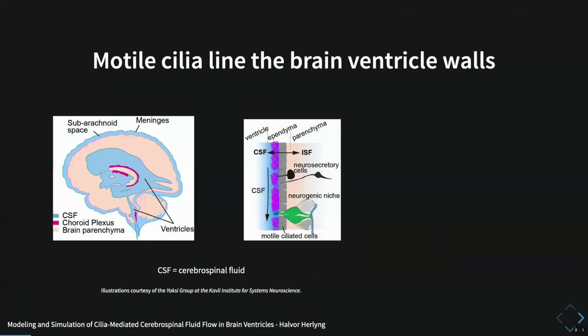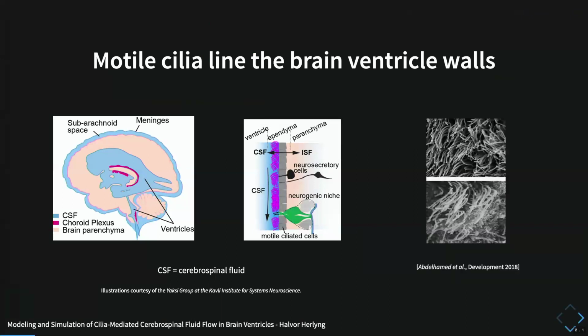Lining the inner walls of all of the ventricles, not only here at the choroid plexus, you have these hair-like structures called cilia. These have motors and beat back and forth and contribute to the flow pattern inside the brain ventricles.